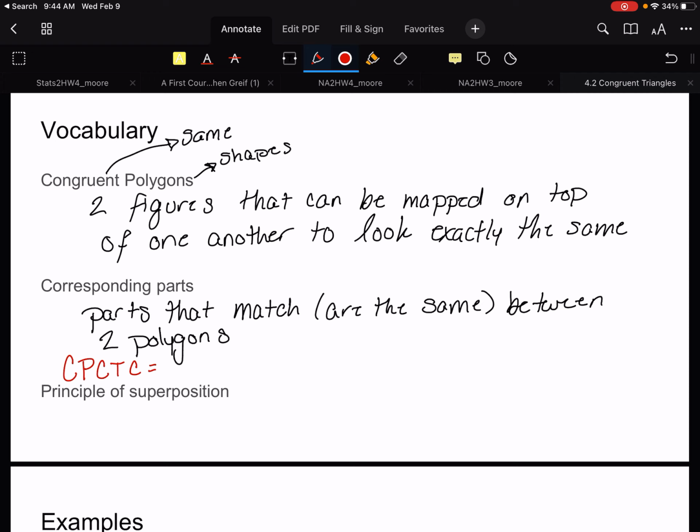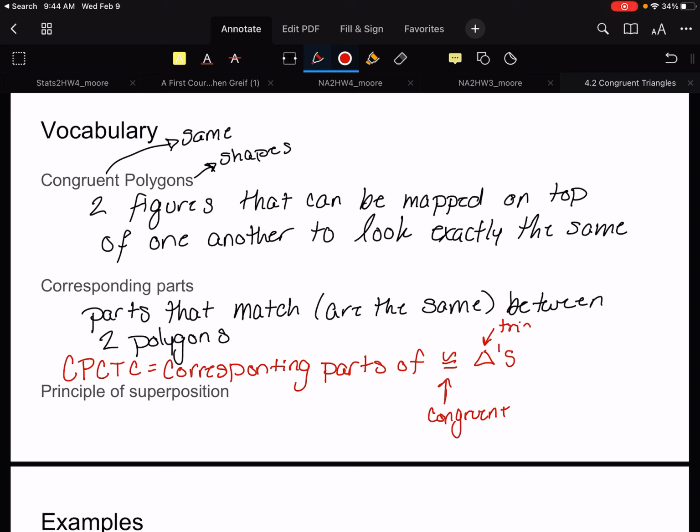And all that means is corresponding parts of congruent triangles. Remember, that means congruent, and that means triangles.